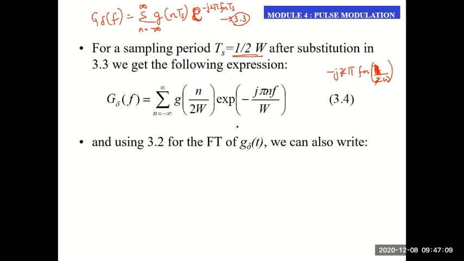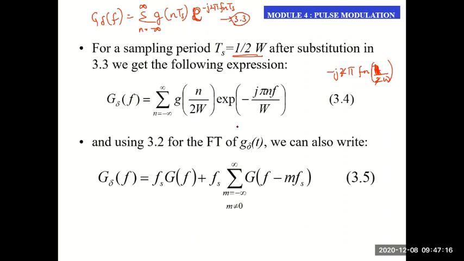Now, equation 3.2 we use to get the Fourier transform of g delta of t. We can also write, what was equation 3.2? I think equation 3.2 was G delta of f is Fs summation G of f minus m Fs, with m equal to minus infinity to plus infinity.